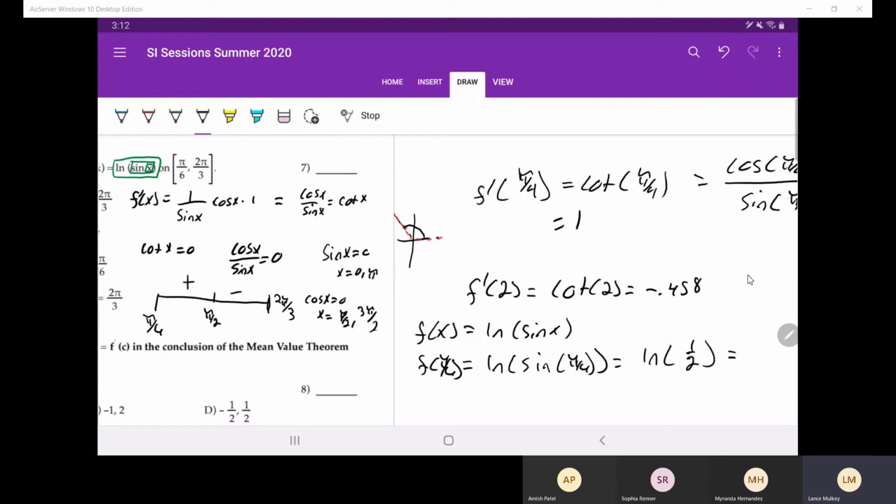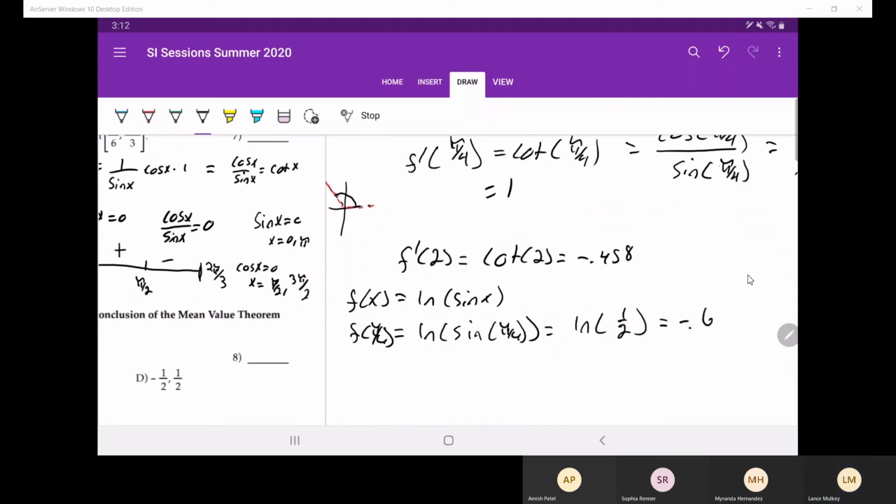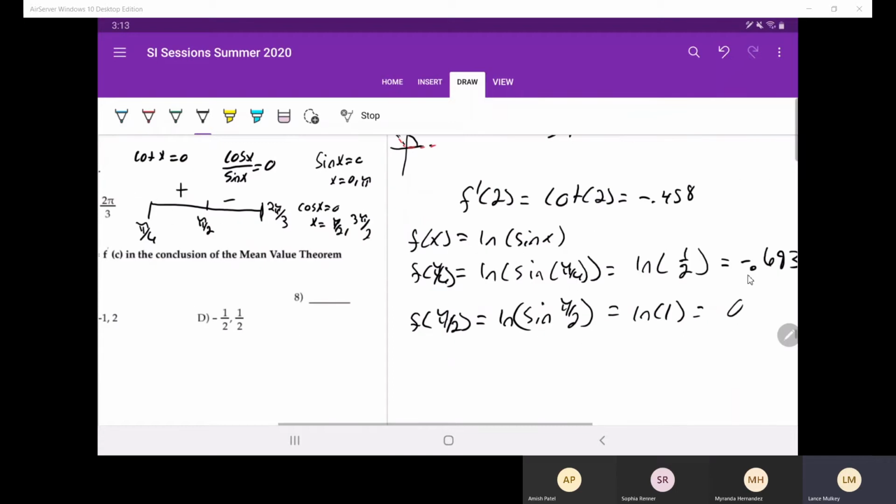Personally, I don't know. I think it's a really small number. No, it's not really small. Negative 0.693. Let's do f of pi over 2 now. Equals natural log of sine of pi over 2, equals 0.